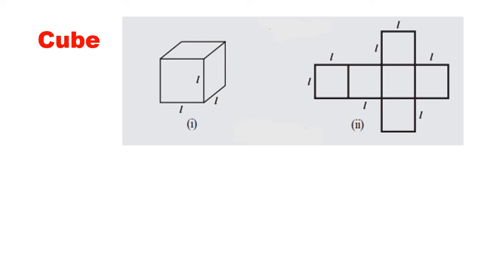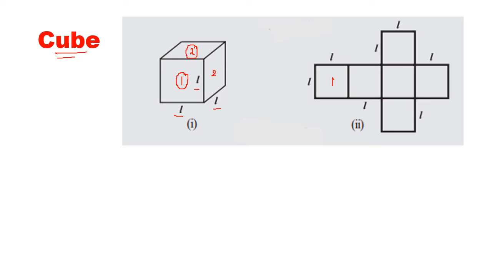After the cuboid, we'll move on to the cube. Now, what is a cube? In the cube, the length, the breadth and the height are equal. So if you look at the front side, this is surface 1. Let us take the top as 2.